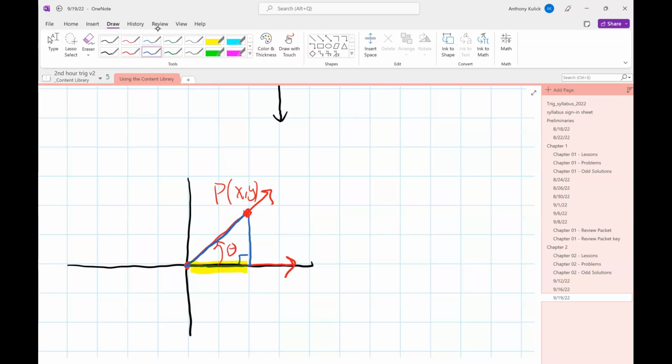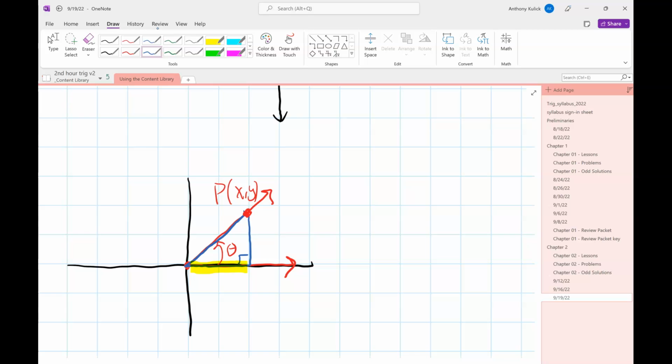How do I plot a point using its coordinates? What direction do you go on the x? Okay, but you go left or right.